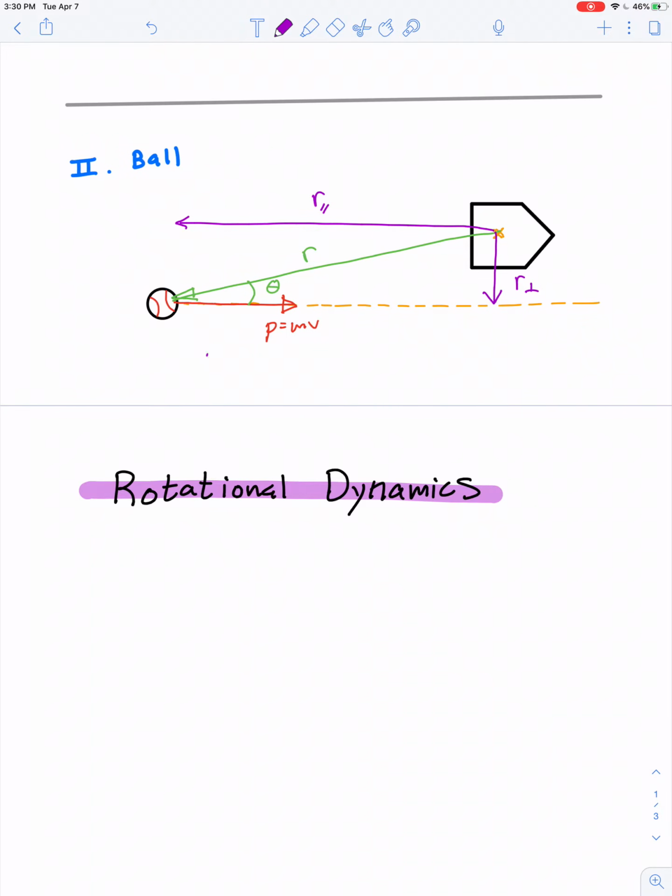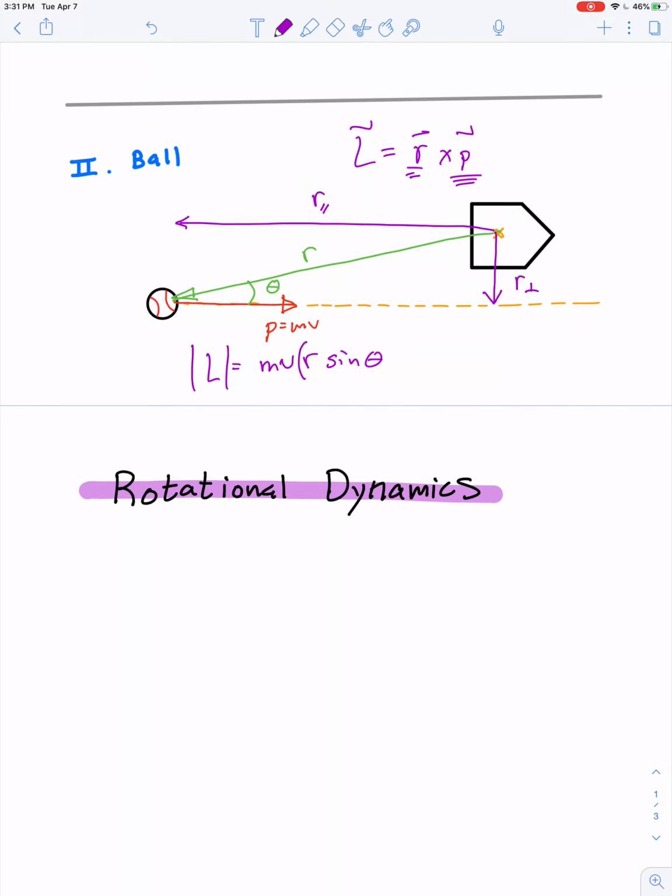perpendicular. So the angular momentum in magnitude, because it's a cross product, is equal to the momentum times the lever arm times the sine of the angle between the two.